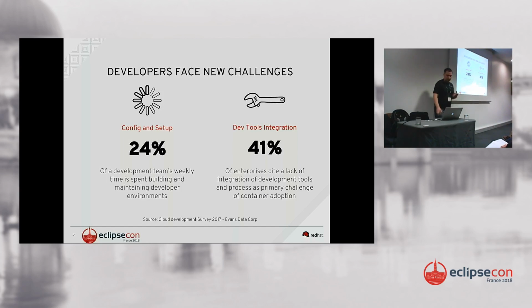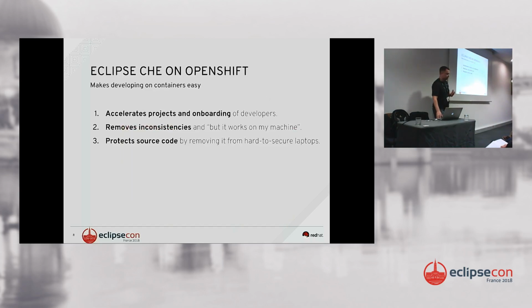And Eclipse Che on OpenShift is really designed to help facilitate that. As you see in our exercise, it accelerates project onboarding. Once you develop your environment and configure everything, the containers, replicating it becomes very easy. It's just a single click.